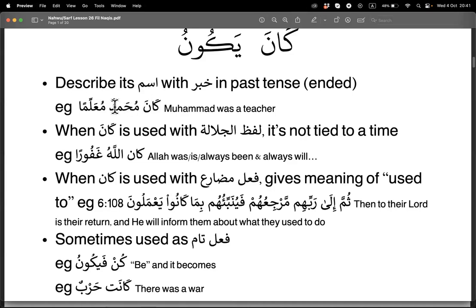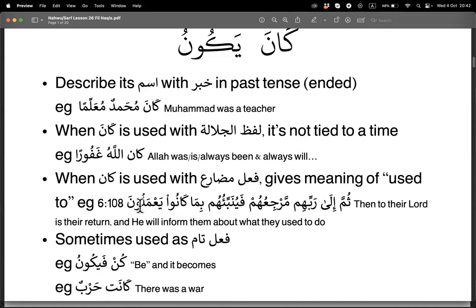The whom is our ism of kanu. Kana is our fi'il madi, and the whom is not a fa'il. We call it the ism of kana, ism of kanu. And this fi'il mudhari is our khabar of kanu.